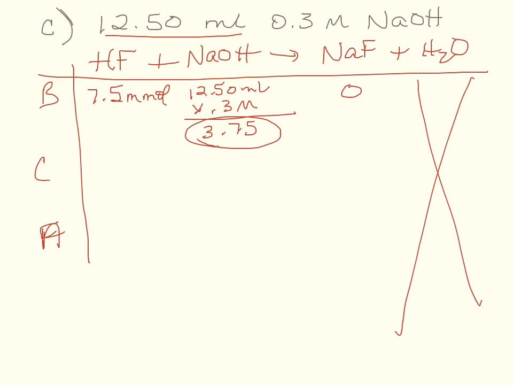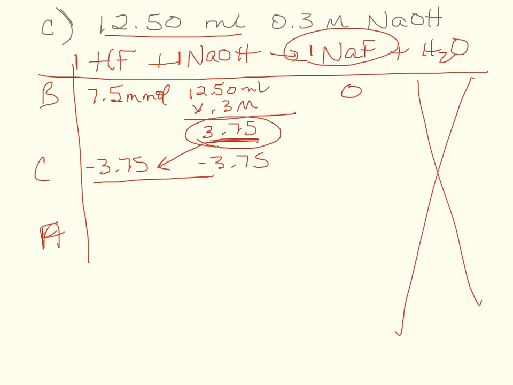All of it's going to react, so just take this amount of sodium hydroxide, it becomes your change. And of course, for every 1 hydrofluoric acid and sodium hydroxide that reacts, we produce 1 sodium fluoride, the salt. So that's plus 3.75.